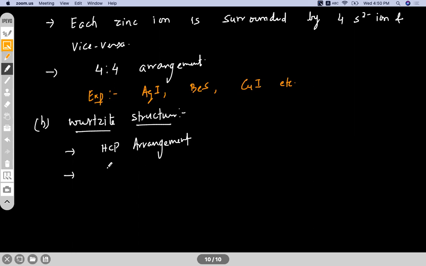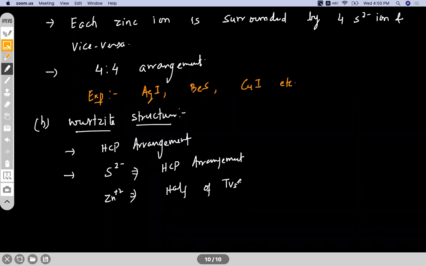So S2- again adopts HCP arrangement, and Zn2+ occupy again half of the tetrahedral voids. Okay, arrangement is 4:4.